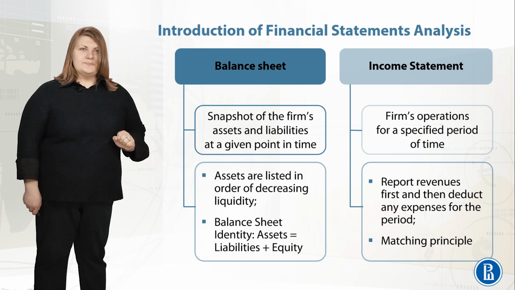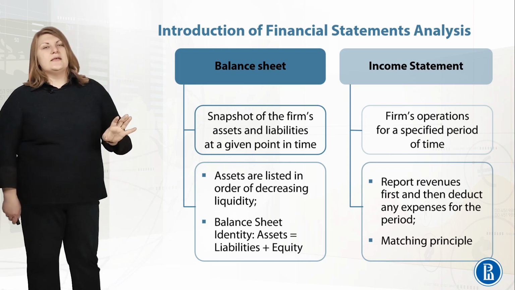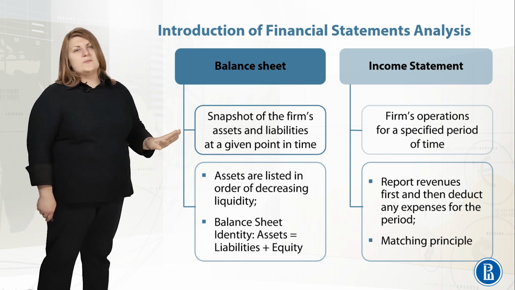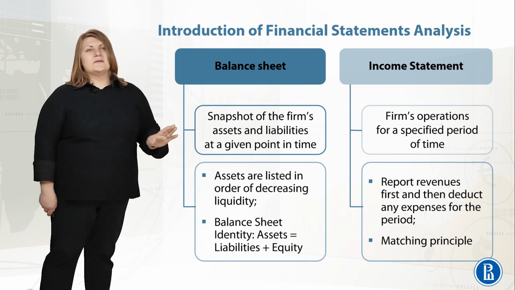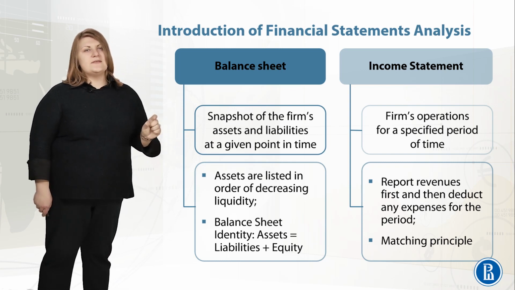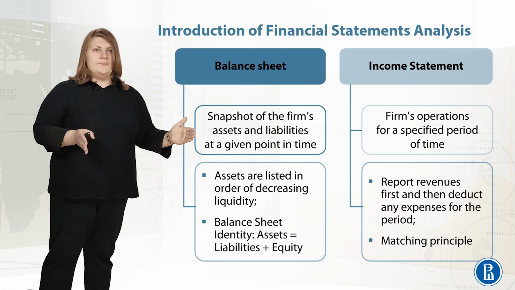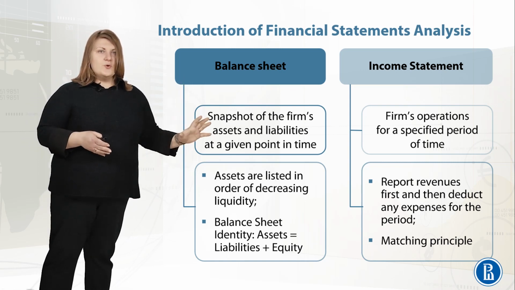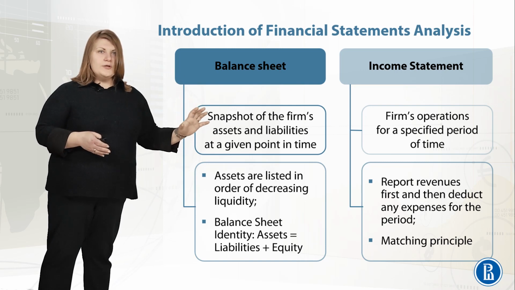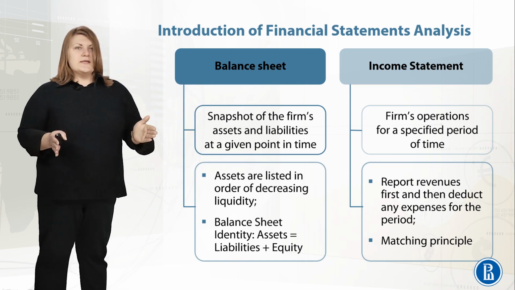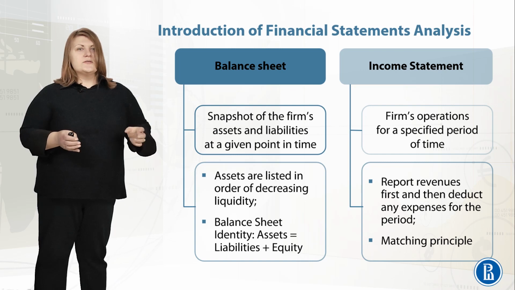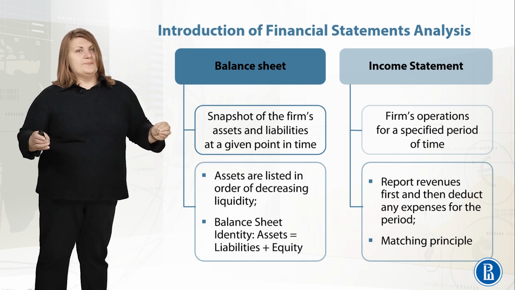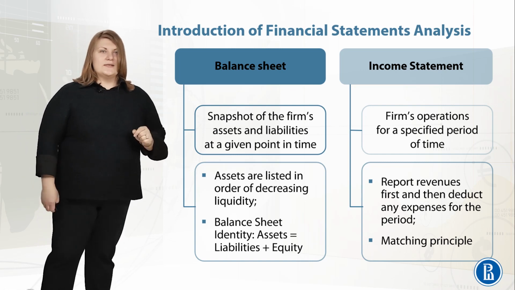which is represented as the basic accounting equation: assets equal liabilities plus equity. Now, as for the income statement, it represents the operations for a specified period of time. Remember the difference? The balance sheet is a snapshot at a stated point of time, and the income statement represents operations for a period of time. So that is the basic difference.